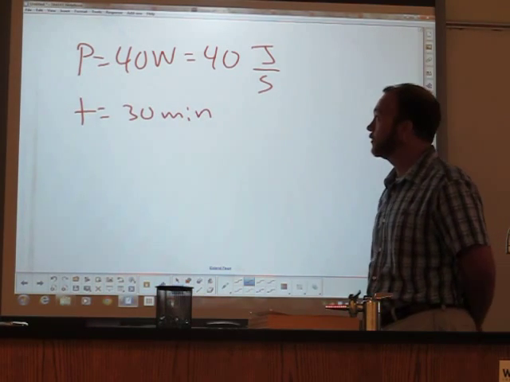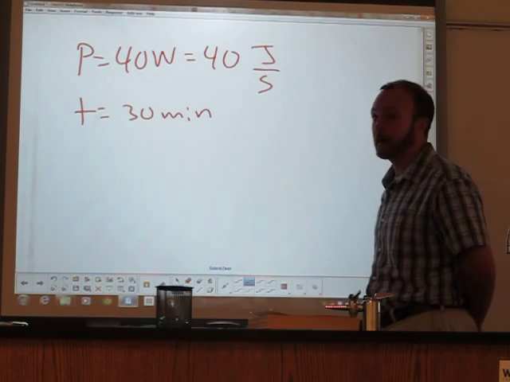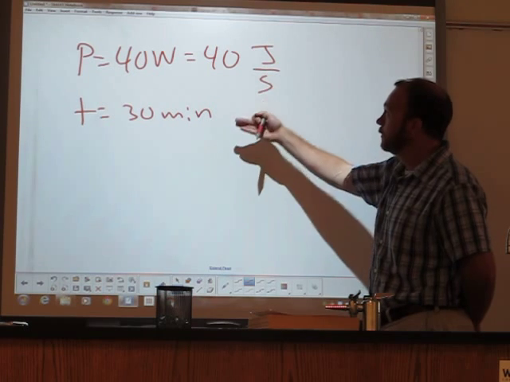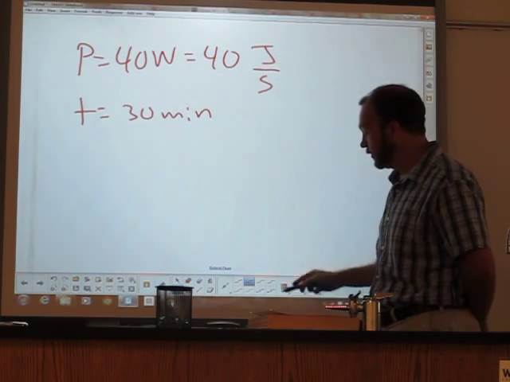So I want to find energy. I want to find joules. Since I know I want to find joules, I want joules on the top. I have two numbers. This one has joules in it, and joules is on the top. So I'm going to start with this number.